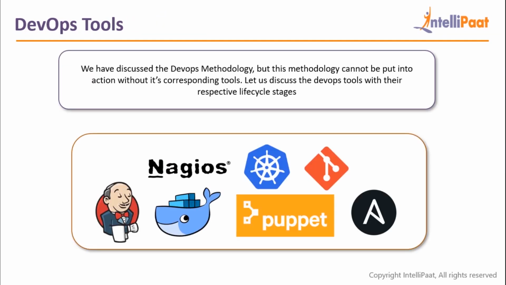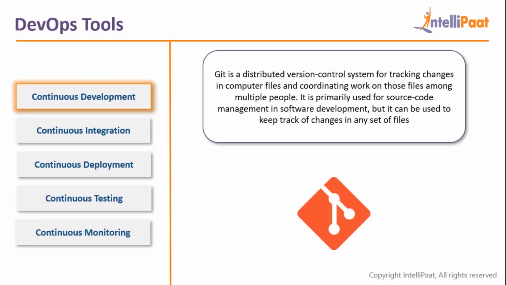Right. So far we have discussed the DevOps methodology and how the DevOps lifecycle works, but they are incomplete without their respective tools, which will map to each of the lifecycle stages in the DevOps lifecycle. Okay. So let's go ahead and start discussing these tools with their respective stages.